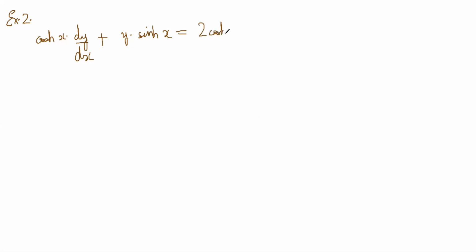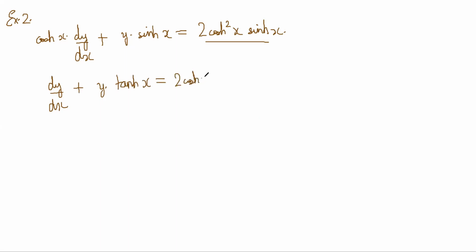Okay, so this looks like the linear form type, dy by dx plus y into something. So we have to divide by cos hx. So plus y, this will become tan hx, is equal to 2 cos hx sin hx.